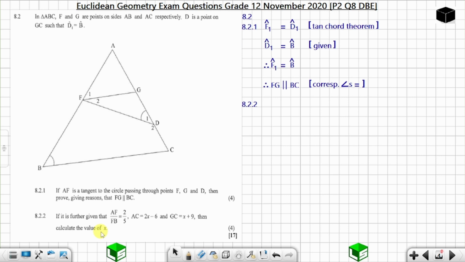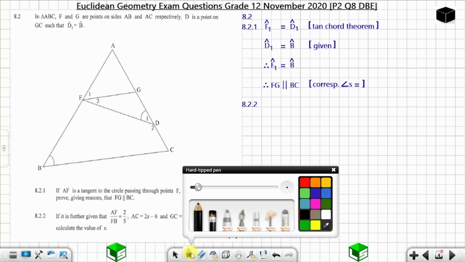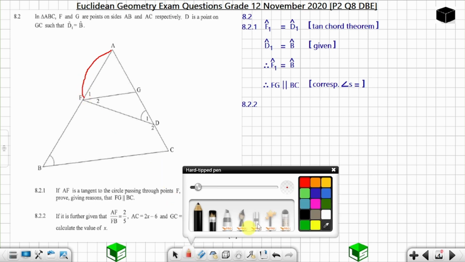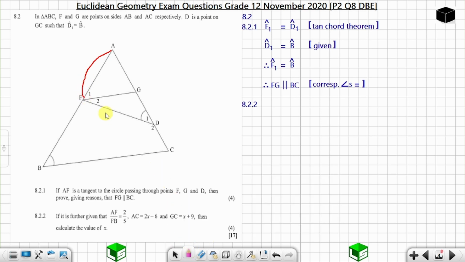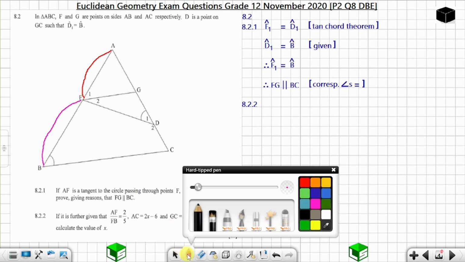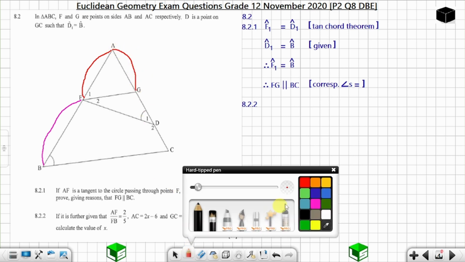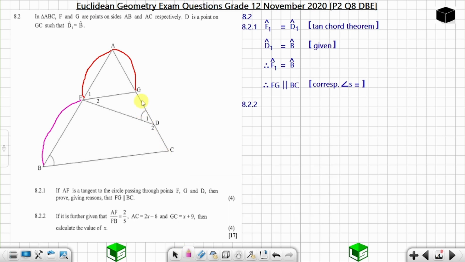So using the triangle proportionality theorem, you are going to say AF over FB is equal to AG over GC.